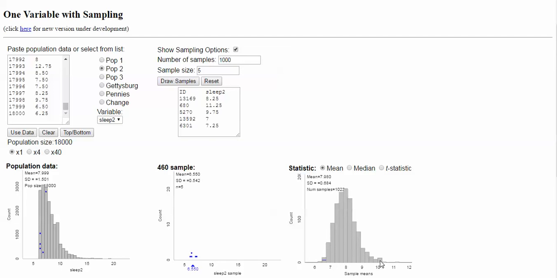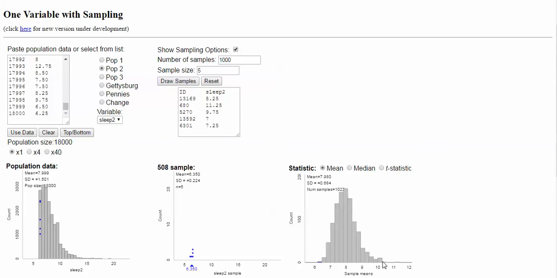If we go up here and click on a high sample mean of, like, a sample mean of 10 right here, we'll notice that these people are at the high end of the population. Since these 5 people are at the high end of the population, they have a high sample mean. So overall, if you click on a low sample mean, you'll see that the sample is at the low end of the population.